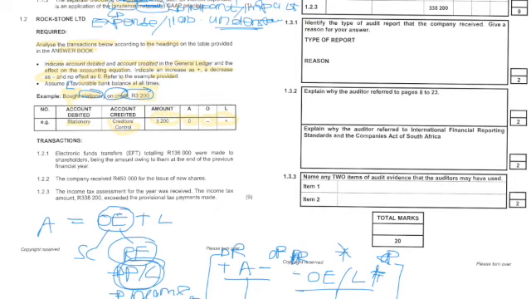So the expense will have an effect on your profit, which means your profit will decrease, which means that your retained earnings will also decrease and your owner's equity will decrease. So that means it will be a debit. It's on the debit side because it's a decrease.